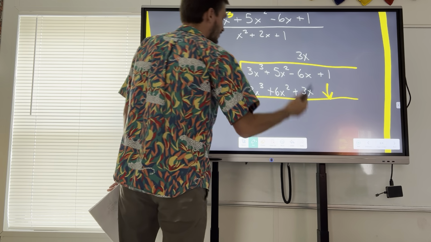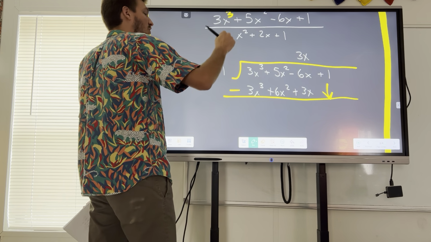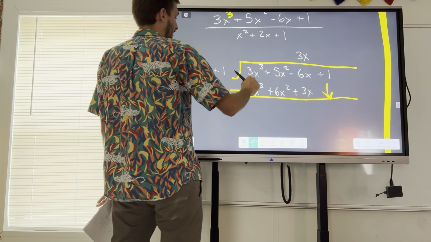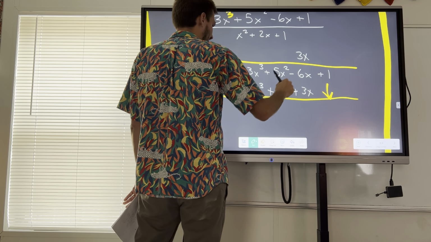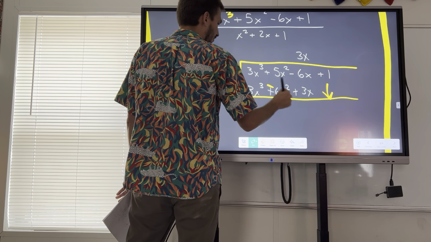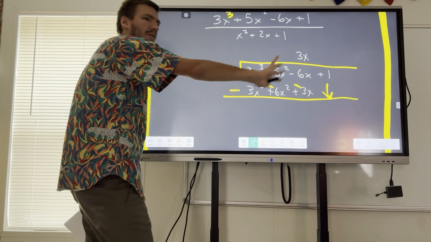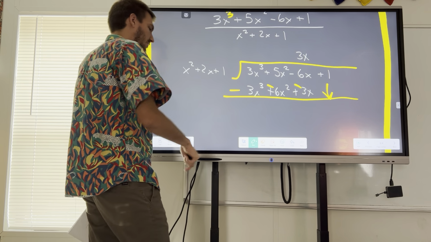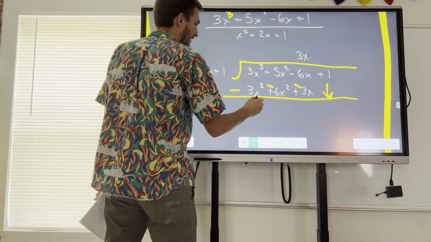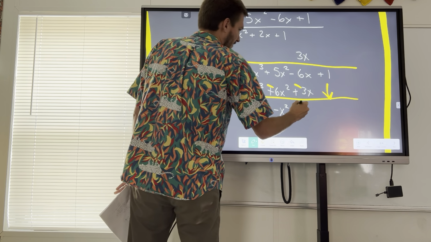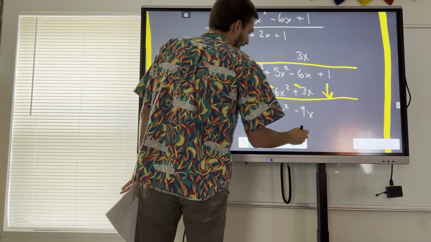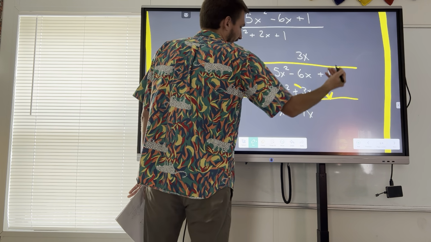Now when you do subtraction, you've got to subtract all the terms. So we're subtracting 3x cubed and subtracting 6x squared. If you need to distribute that negative, then do it. Don't mess that up. That's going to be 0. That's going to be negative x squared. That's going to be negative 9x. And that didn't happen, so it's just a 1.